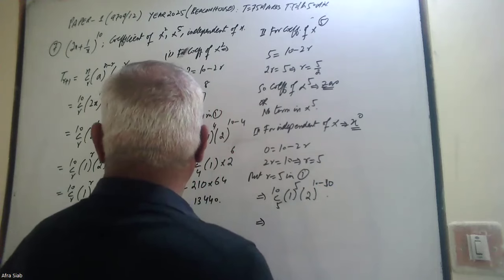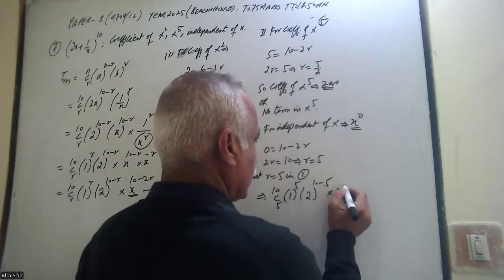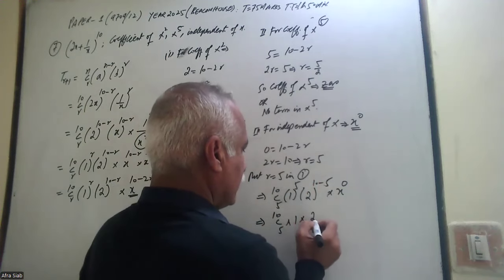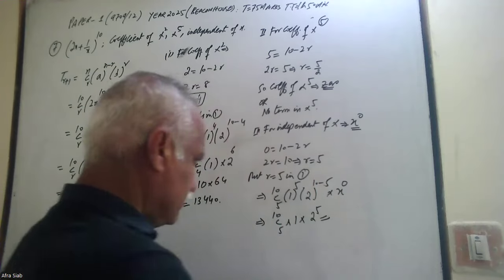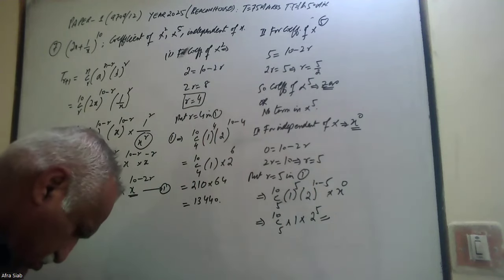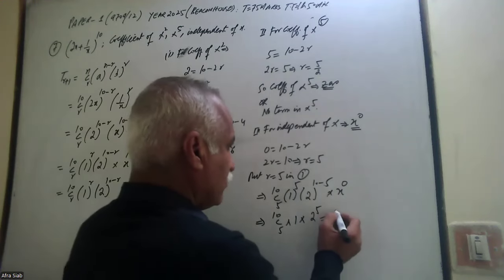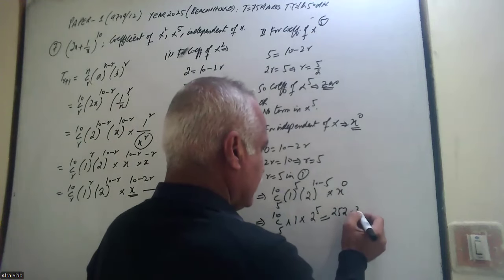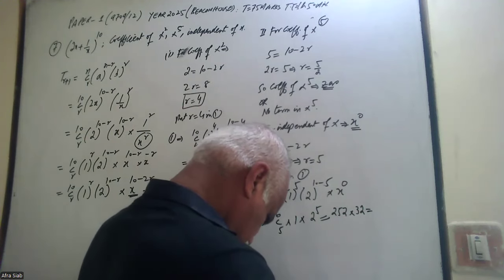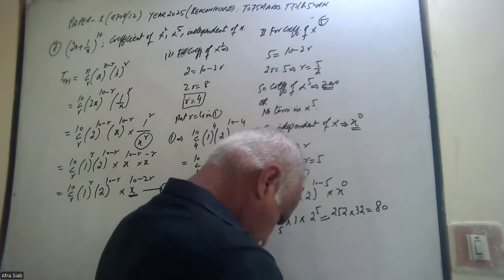So this is going to be equivalent to 10C5 into 1 into 2 power 5, and that thing is equal to 252 into 32, and that thing is equal to 8064.